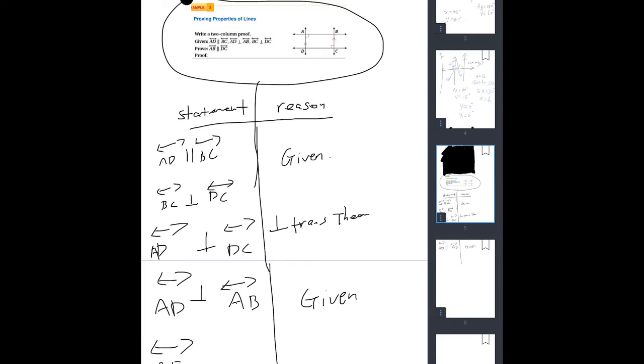Line AB is perpendicular to line DC. It is two lines, two lines parallel.